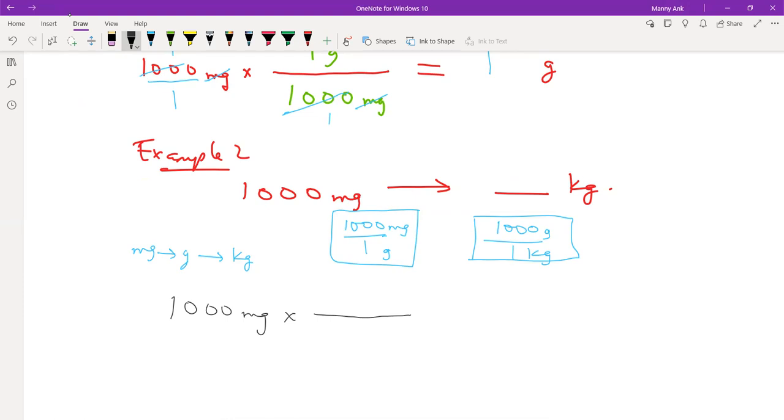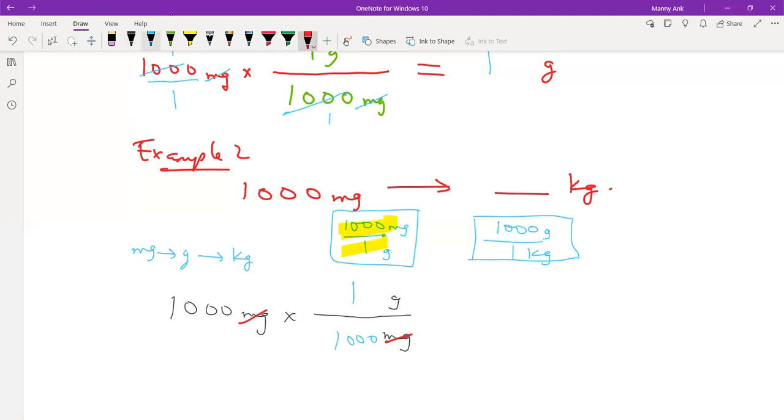I want to end up with grams, so I should have grams in the numerator and milligrams in the denominator, so that the milligrams cross out. So I flip that conversion factor: 1 gram over 1,000 milligrams, so that you can cross things out.